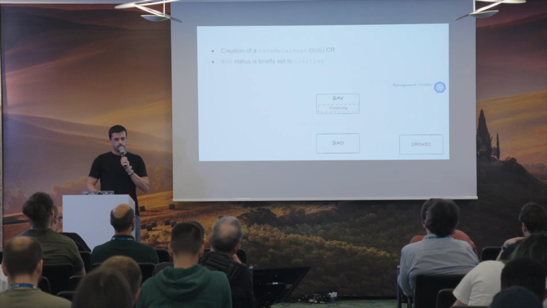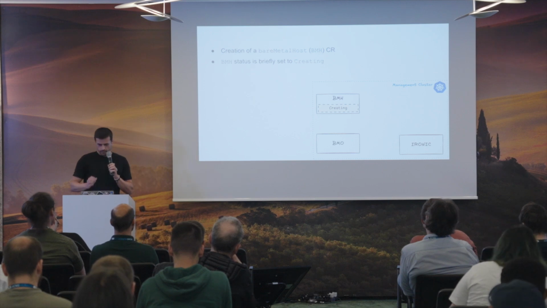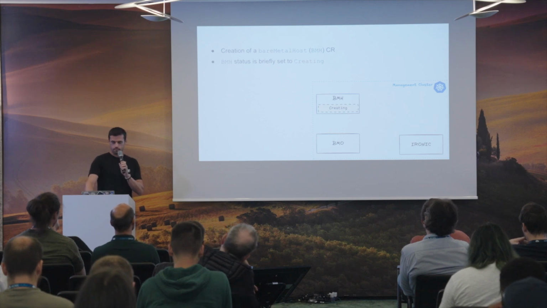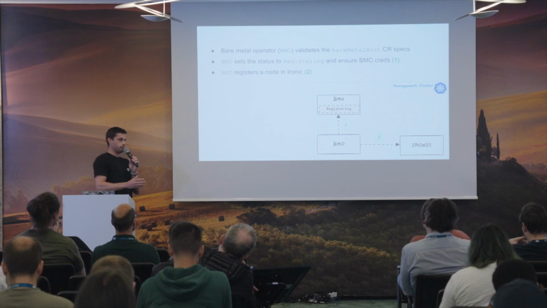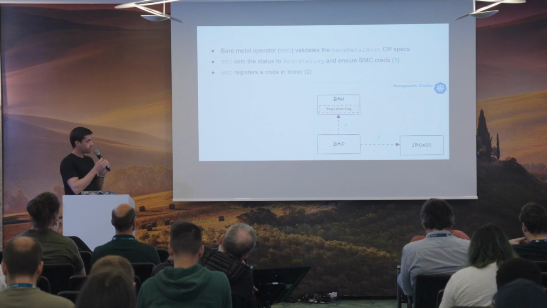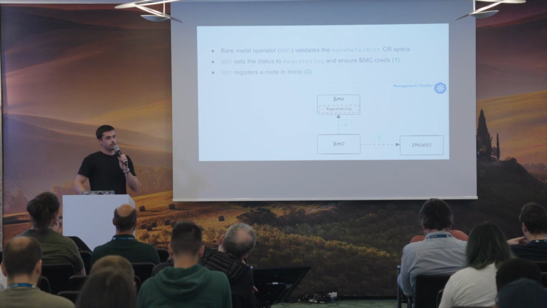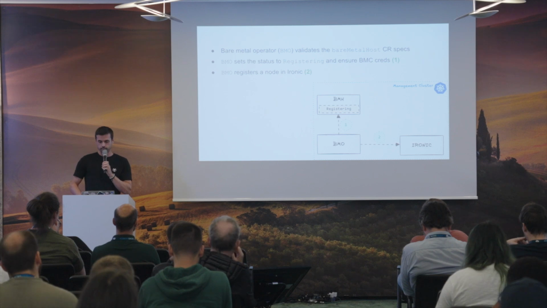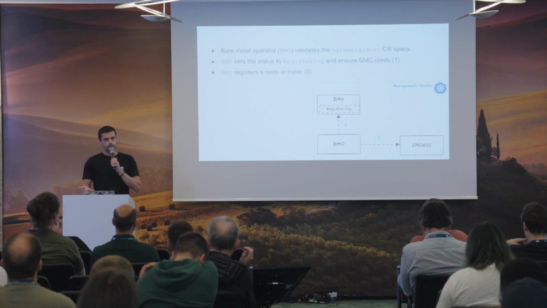So when I create my BareMetalHost, at first, very briefly, it will go into the creating state in the status field. Then bare metal operator is going to pick it up and put it in the registering state. Registering is going to check credentials and validate them against the BMC by issuing API calls to Ironic.